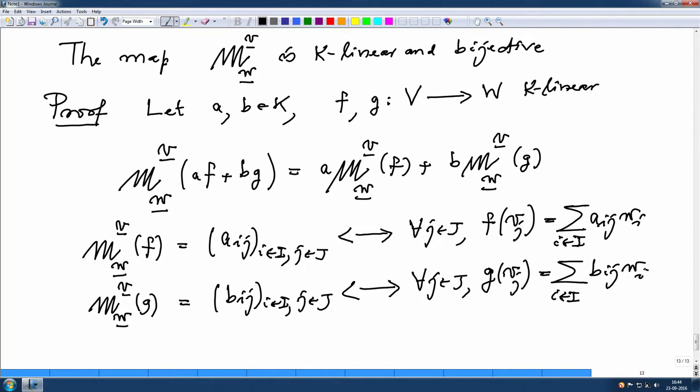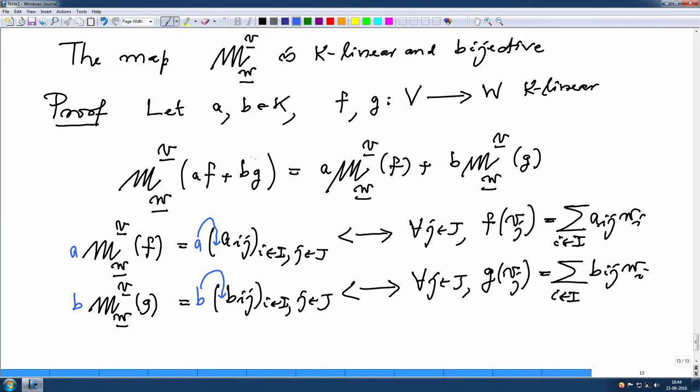That is it. This is how they are defined. When I multiply this matrix by A, our definition says it should go inside. So, this goes inside.